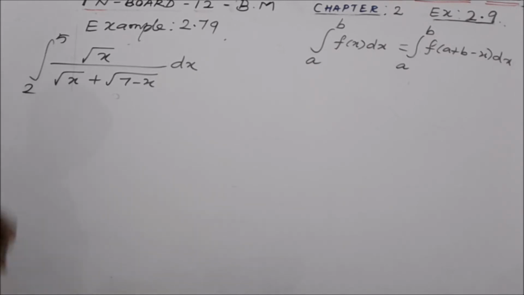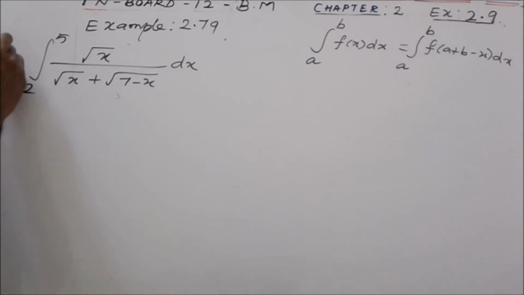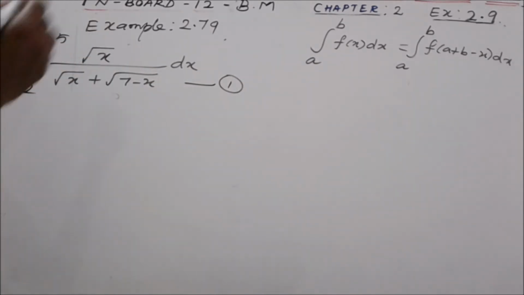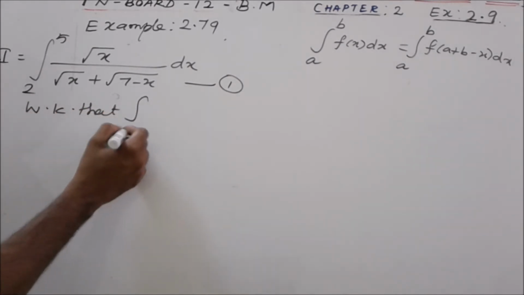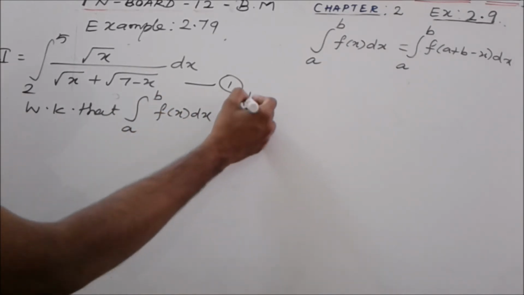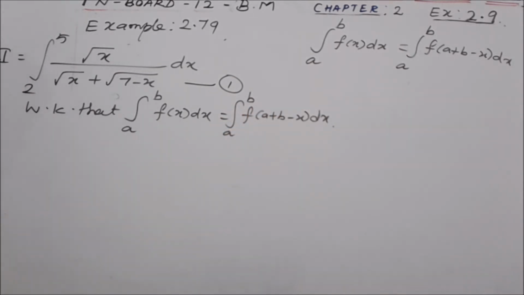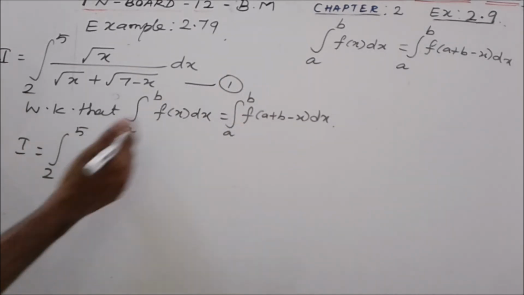So here we don't have a direct formula to integrate the integral from 2 to 5 of root x by root x plus root 7 minus x dx. So let it be I equal to that, and take it as equation number 1. By the property we know that the integral from a to b of f of x dx is equal to the integral from a to b of f of a plus b minus x dx. Now by using this property, I equal to the integral from 2 to 5, within the same limit.